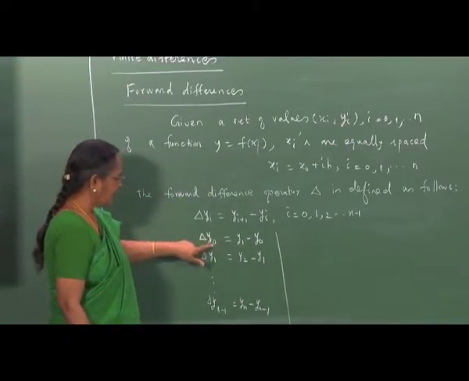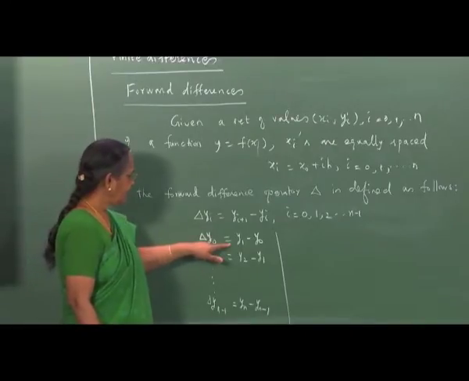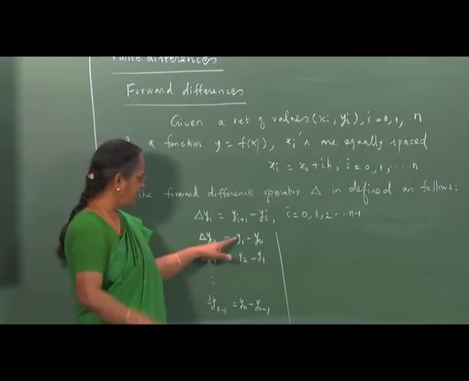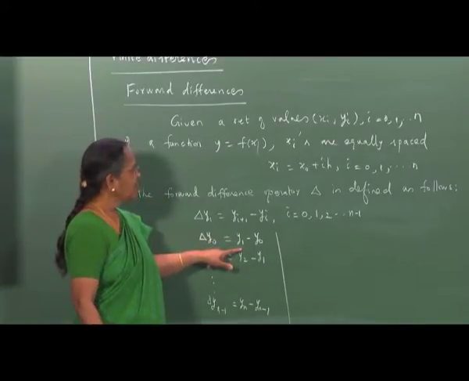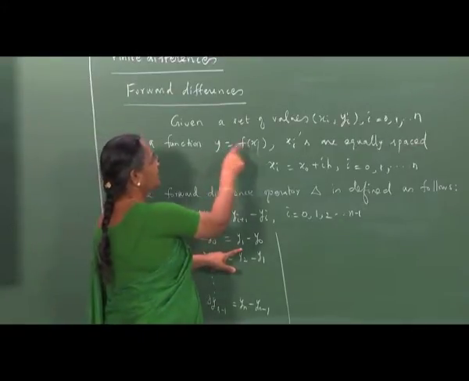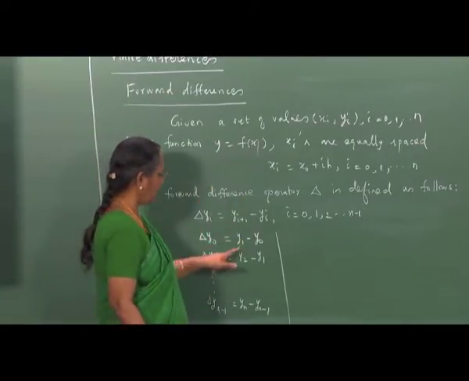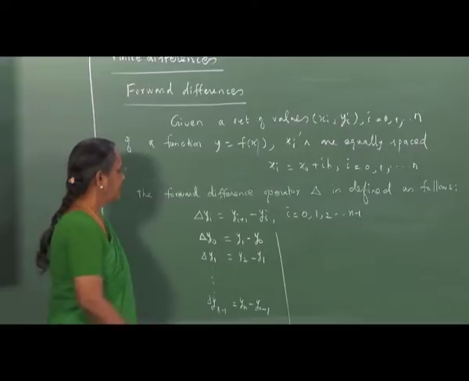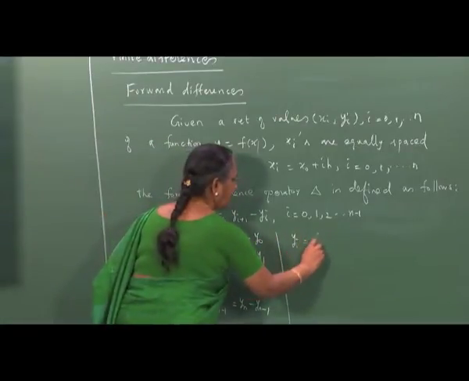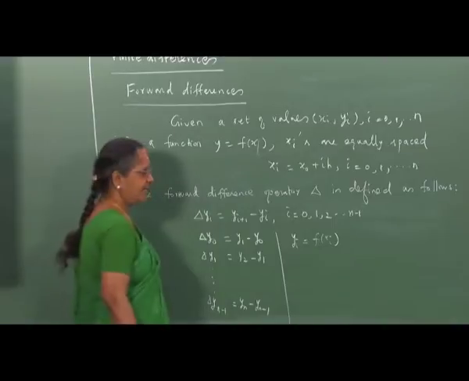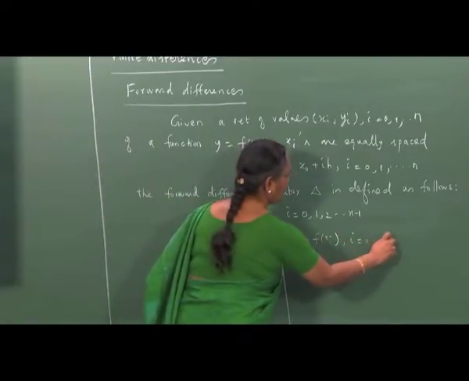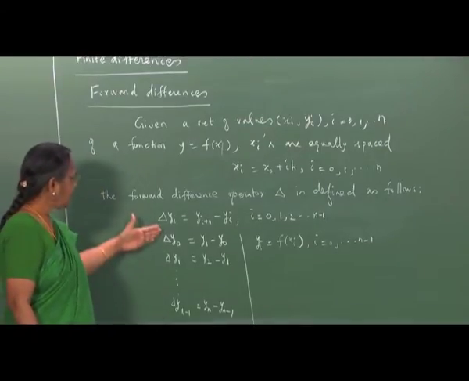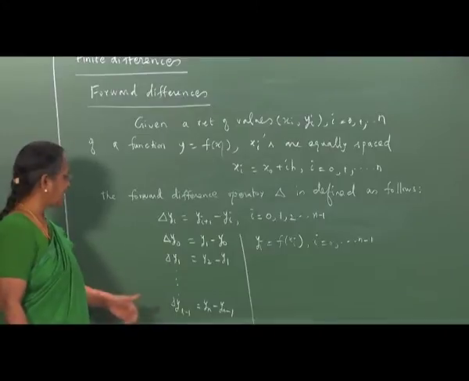When delta operates on y naught, it is equal to the value that y takes at the next point, namely y1, which is f of x1, minus y naught, which is f of x naught. So, here by yi I mean f at xi for i equal to 0, 1, 2, 3 up to n minus 1. So, these are the first order forward differences.